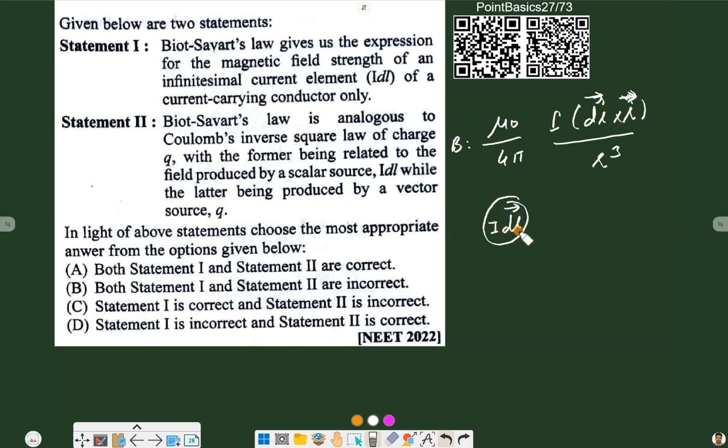So it is written in the inverse. Here I dl should be the vector and q should be the scalar. So statement 2 is wrong. So option C, that is 1 is correct and 2 is incorrect. Moving to the next one.